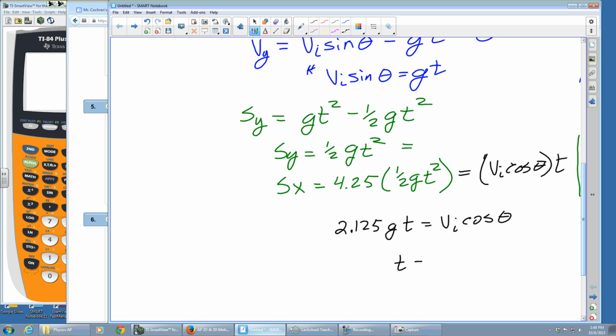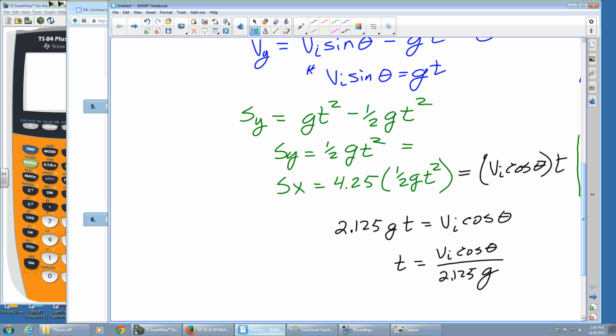So t equals VI cosine theta over 2.125 g. Make sure I didn't screw anything up there. Right? Following along?